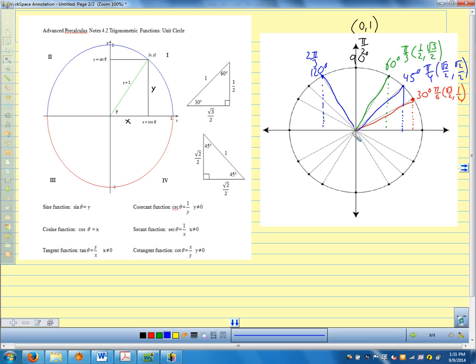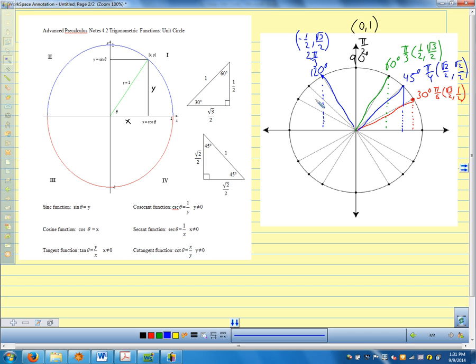Short side, how long is the short side? 1/2, and we're going this direction, so negative 1/2 since we're going to the left, and the long side, square root of 3 over 2. The cosine of 120 degrees, or 2 pi over 3, is negative 1/2. The sine is square root of 3 over 2.